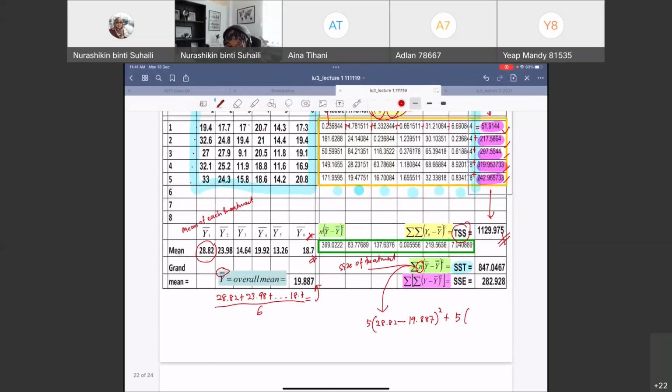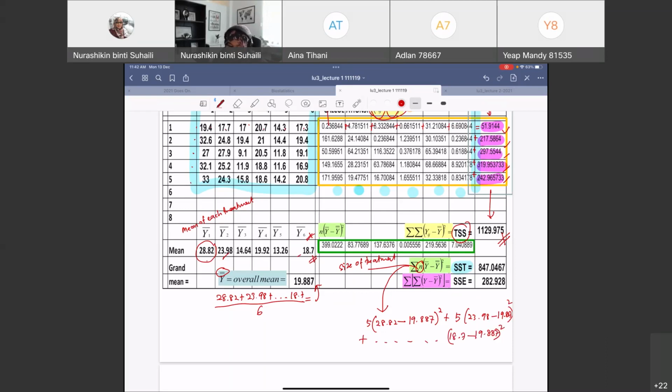So 5, and then the second one is 23.98 minus 19.887 square plus, until you solve for the last one, 18.7 minus 19.887 square.